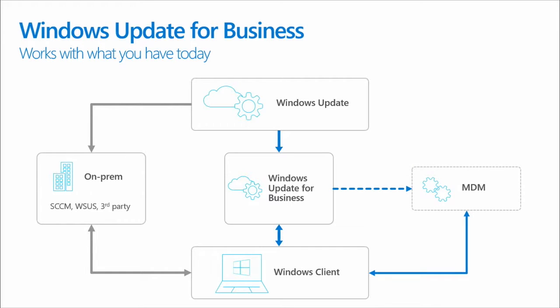In parallel to that, we also have mobile device management. If you haven't looked at the MDM capabilities that are present in Windows 10, we've added Windows Update control so that an MDM service like Intune would be able to approve updates the same way that WSUS does.